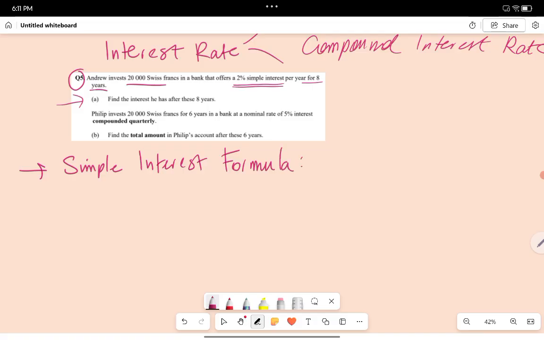So what is the simple interest formula? We say interest is the principal times the rate times the amount of time.